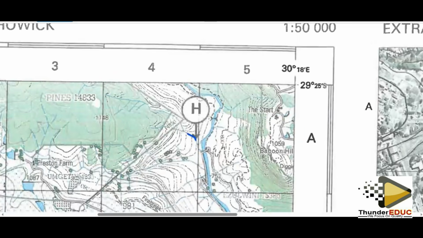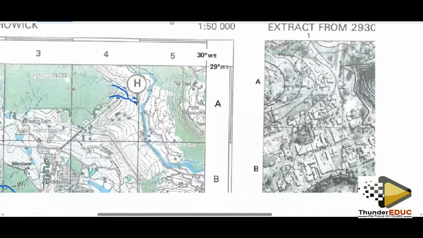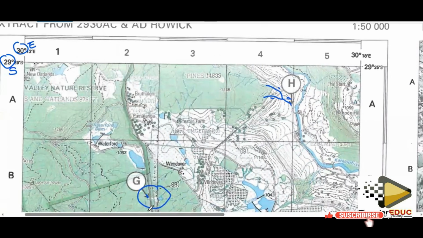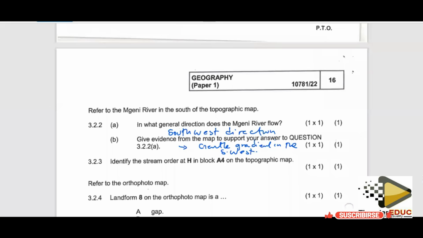If we draw this stream nicely, you can see the other stream, right? It means there is 1 and 1, which will give us a 2-order stream at H. So meaning there will be a 2-order stream.